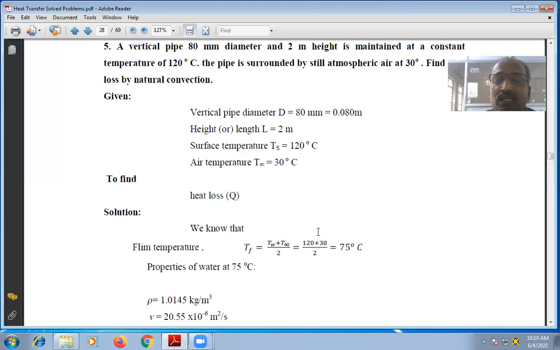So on average we have to take all the properties. Therefore we first find the film temperature. Film temperature is 120 plus 30 divided by 2, almost 75 degree centigrade.